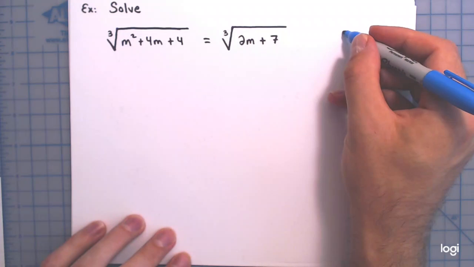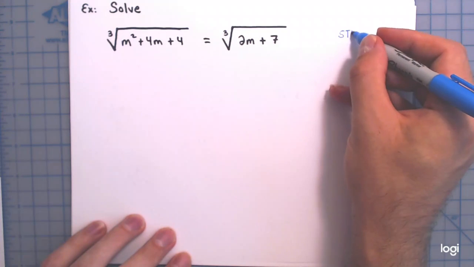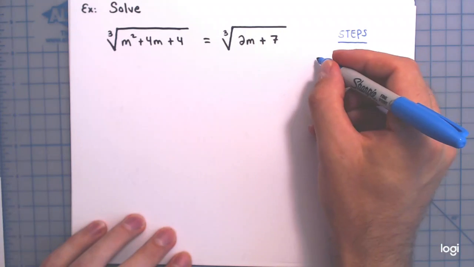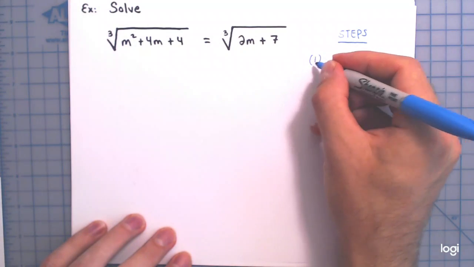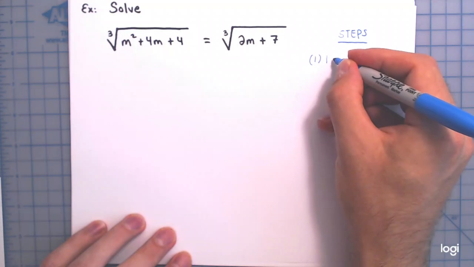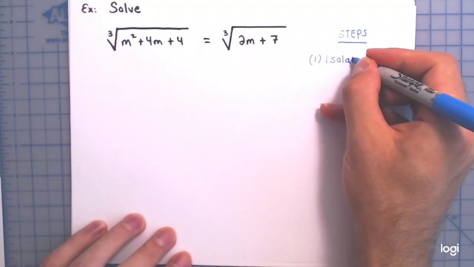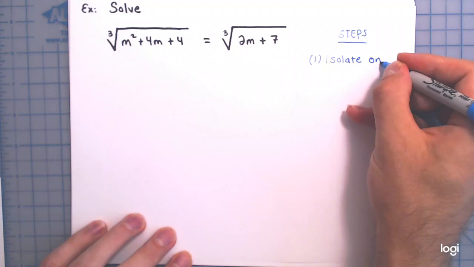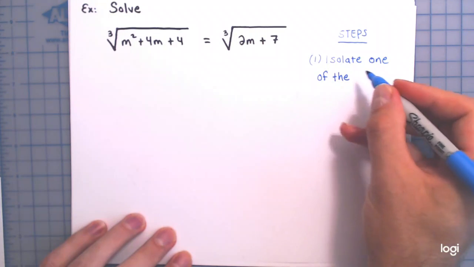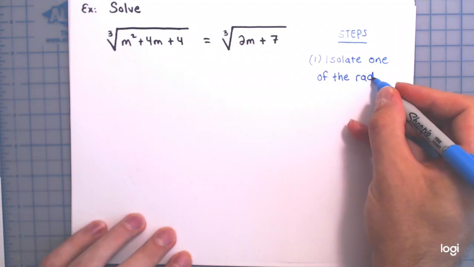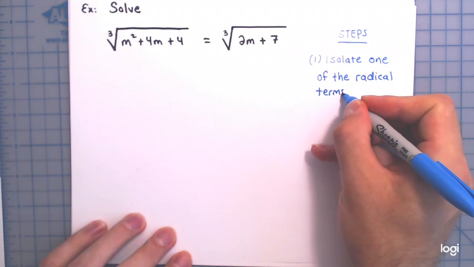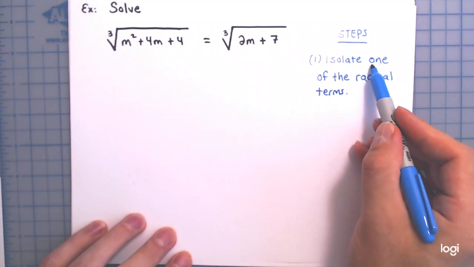Off to the side, I'll put up the steps I'm going to be following. The first step is already done for this example, and that is to isolate one of the radical terms. Get one of the radicals alone, just one.